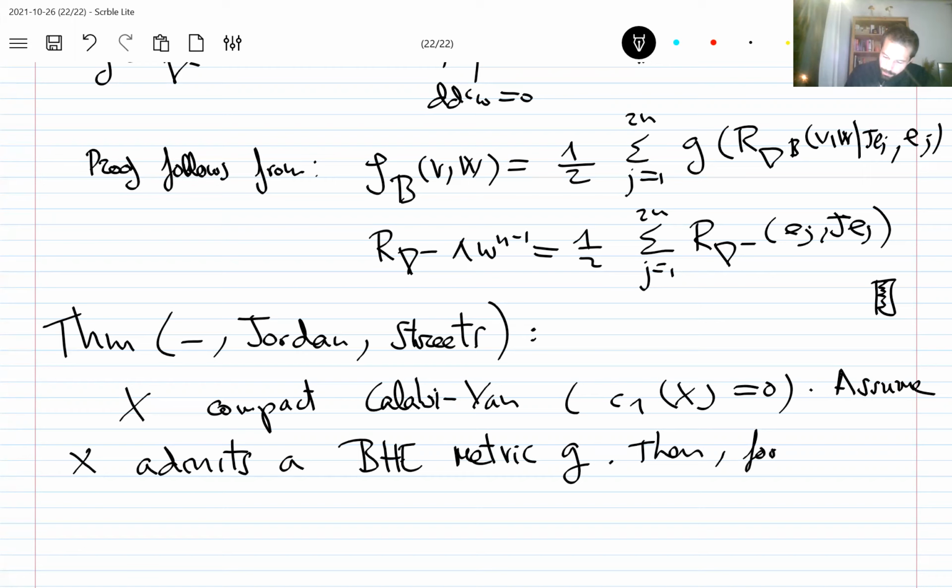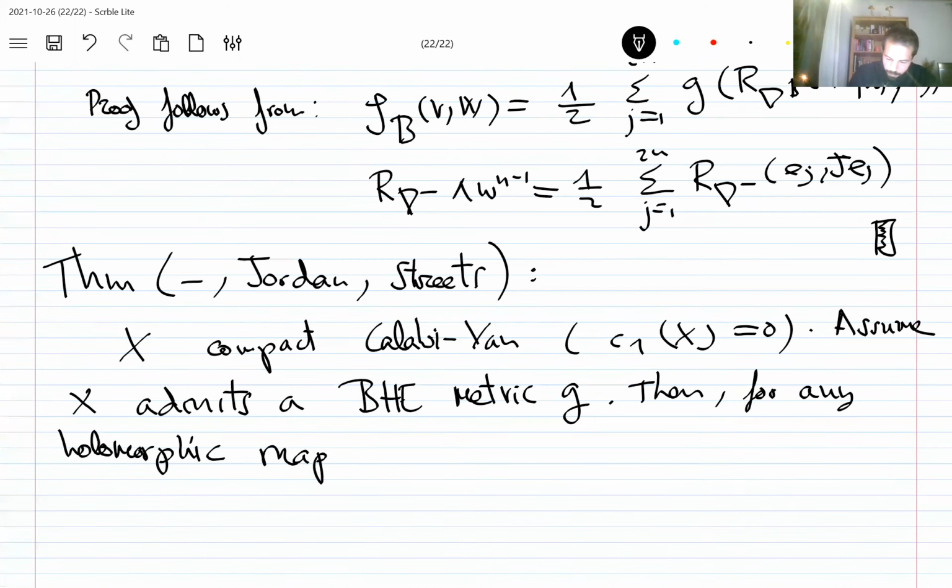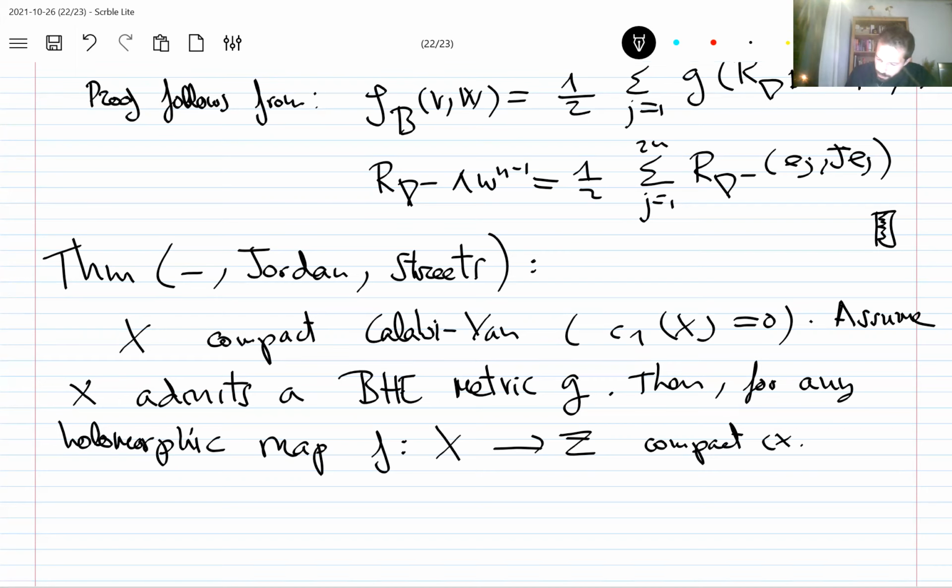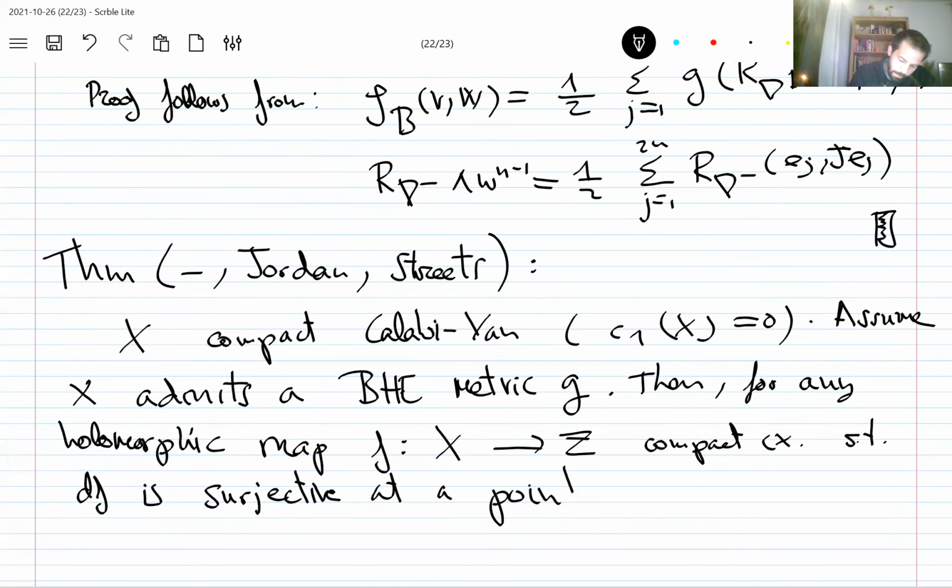for any holomorphic map f from X to Z, some other compact complex manifold, such that df is surjective at a point, one has the following inequality.